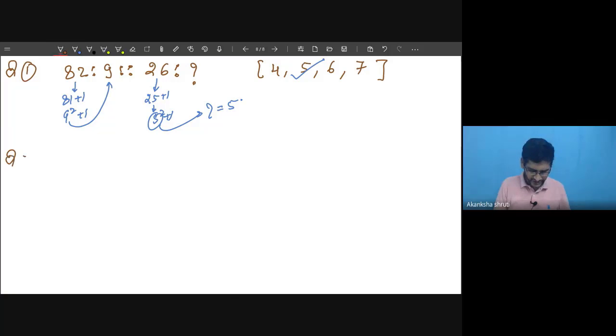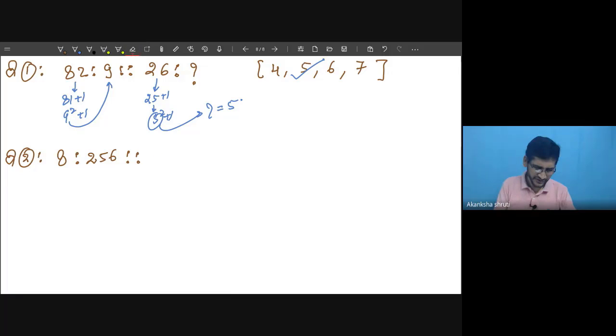Let me take the other question. Student, take the other question. 8 is to 256 colon, then 26, we have to find both the pair.